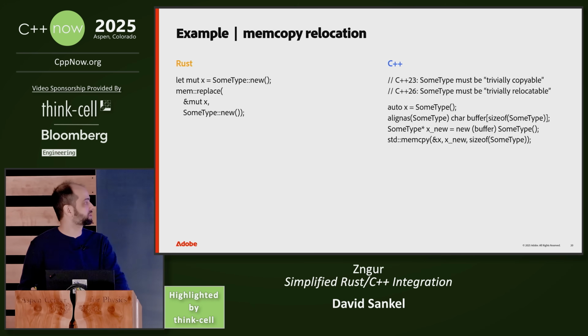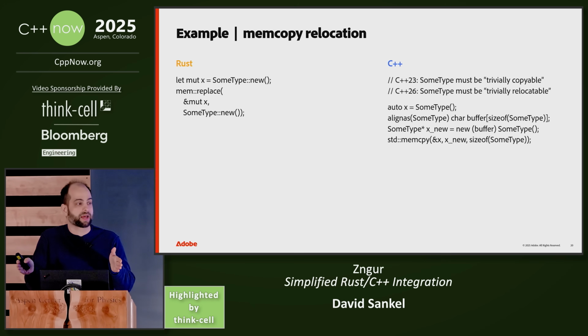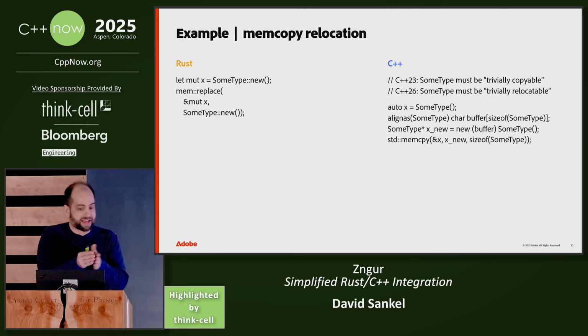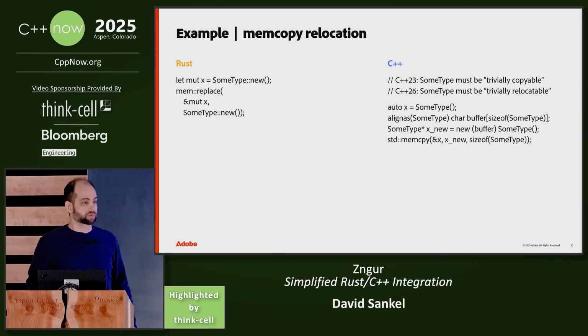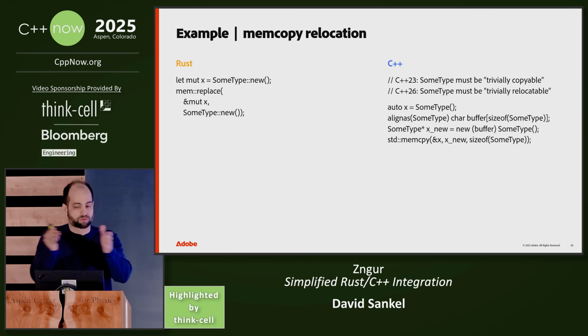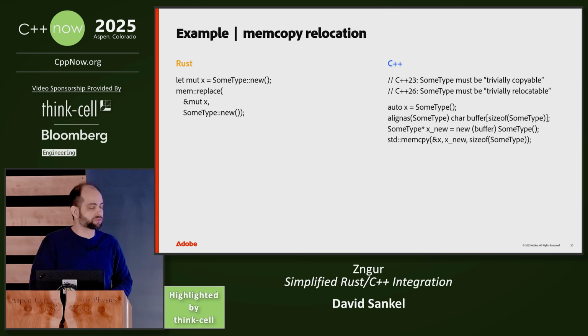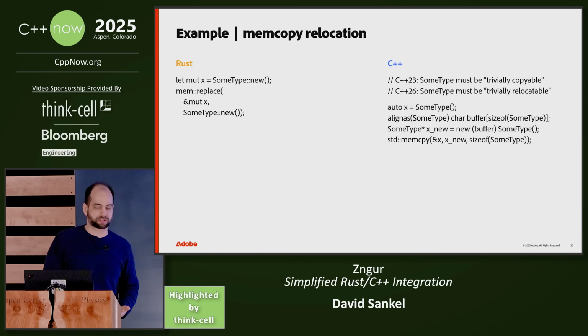What this function will do is take the data at the new object and move it over the data at where x is located. So it's like move, but we're just moving memory directly around without calling any kind of specialized move construction. Just move the memory. Can you represent that in C++?